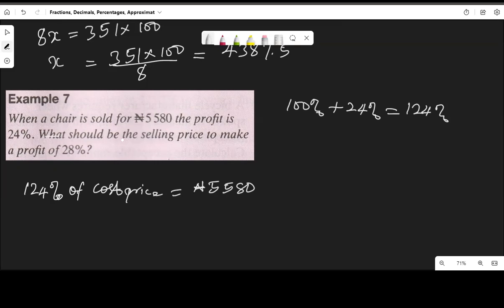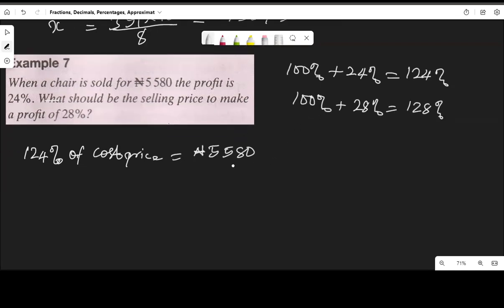Then the question says, what should be the selling price to make a profit of 28%? If we are to make a profit of 28%, again 100% plus 28% is equal to 128%. 100% is the cost price, 28% the profit.